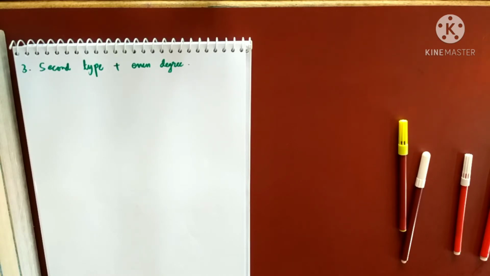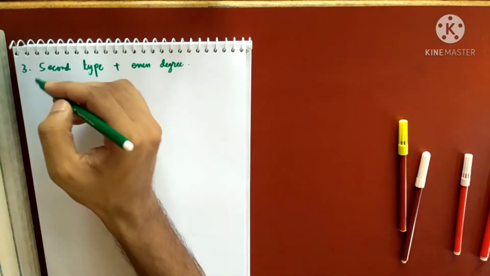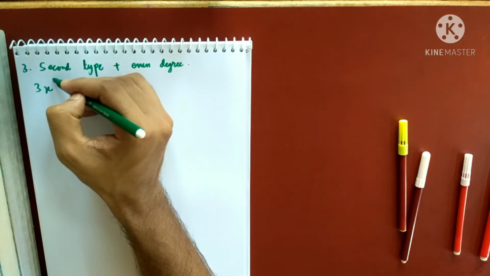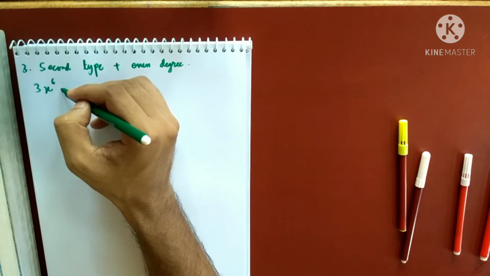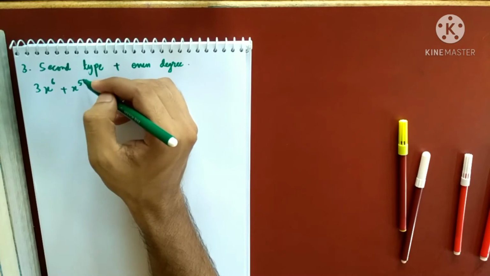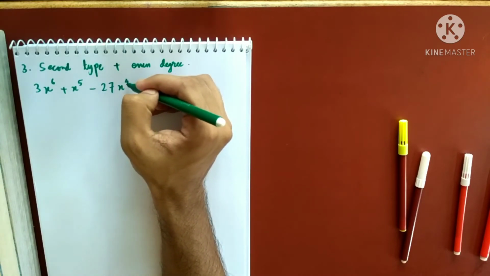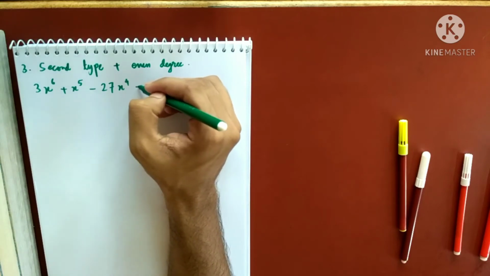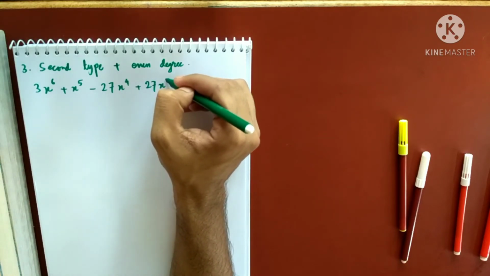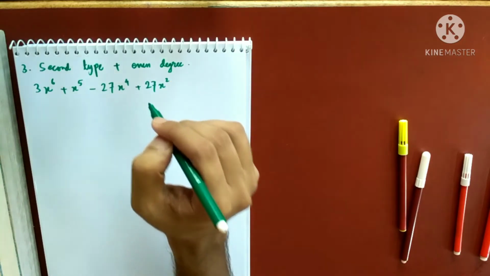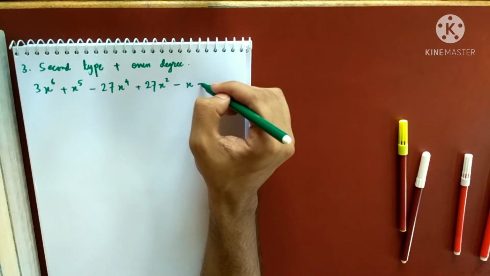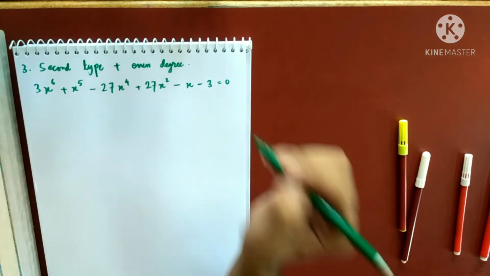So the example is this: 3x to the power 6 plus x to the power 5 minus 27x to the power 4 plus 27x square minus x minus 3 equals 0.